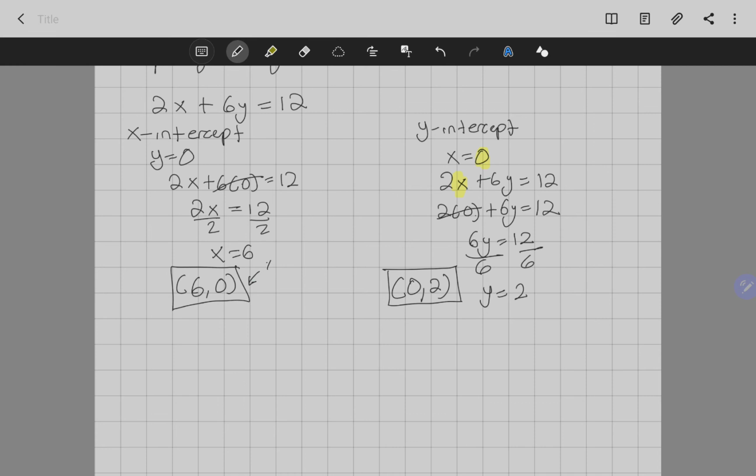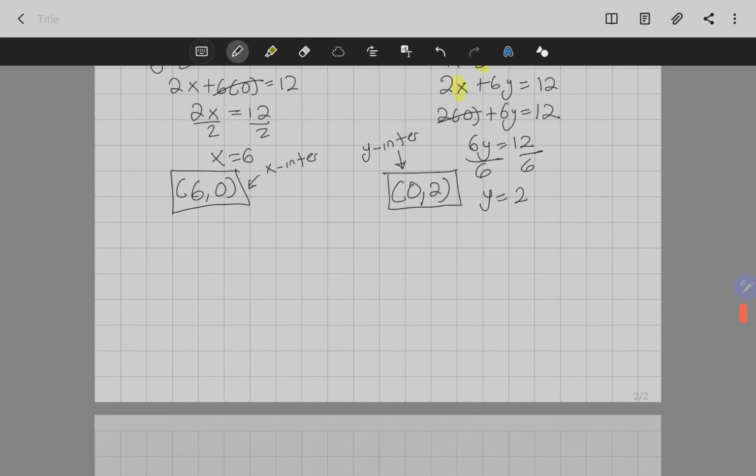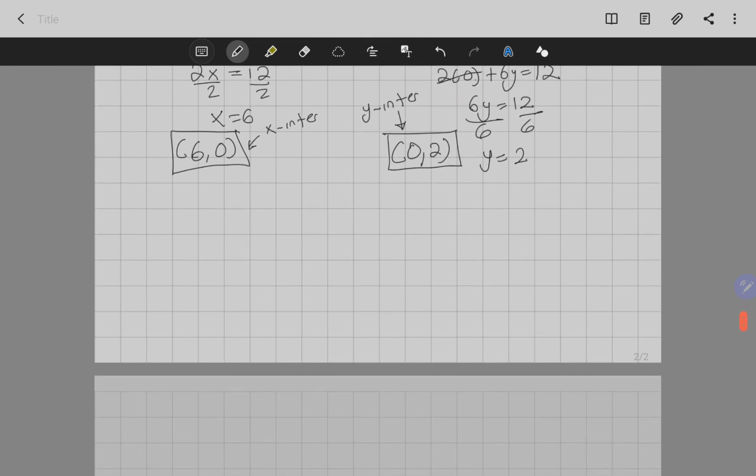This is my x-intercept. This is my y-intercept. So from here, if I want to graph this, now I have everything that I need because I only need 2 points in order to graph anything. So let's see, I got 1, 2, 3, 1, 2, 3, 4, 5, 6, 7.